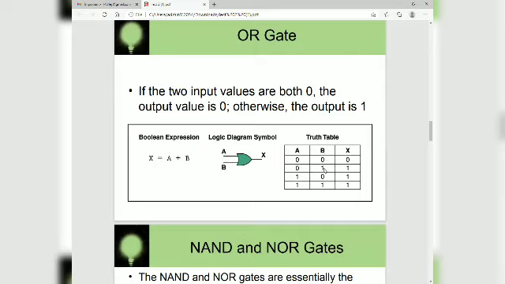If A equals 0, B equals 1, that means 0 plus 1 is equal to 1. If A equals 1 and B equals 0, 1 plus 0 equals 1. That is output 1. If A equals 1, B equals 1, that is output is equal to 1. This is about the OR gate.